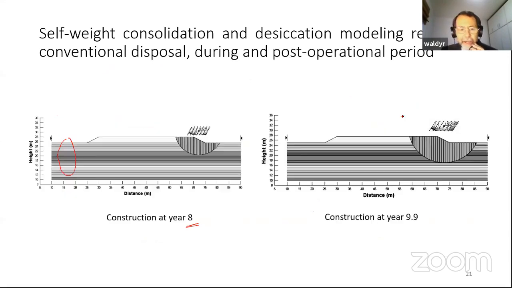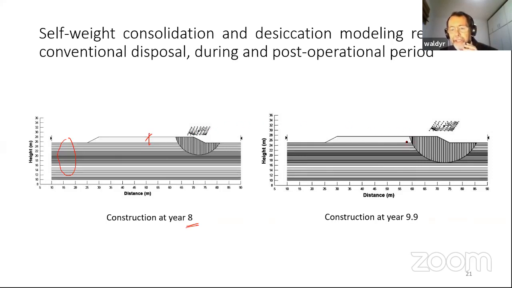Look what he got in the stability analysis. For this height of fill on top of this material that was just consolidated, he got something below 1. So the factor of safety was below 1, and this fill wouldn't stand.